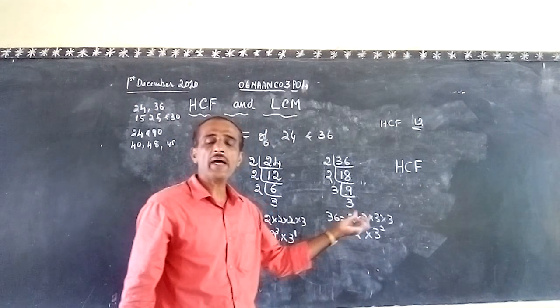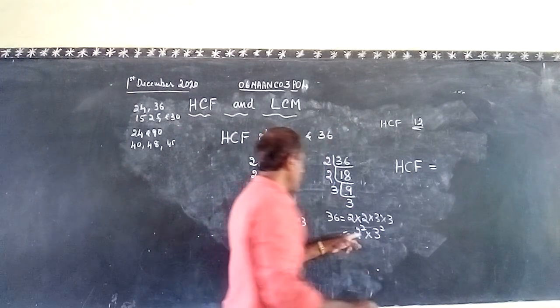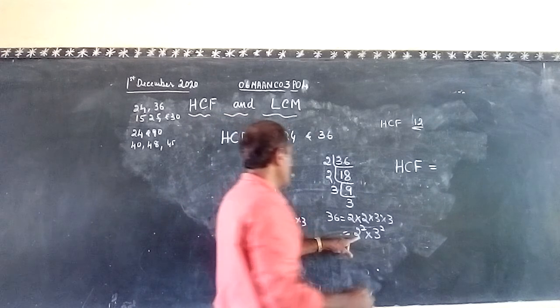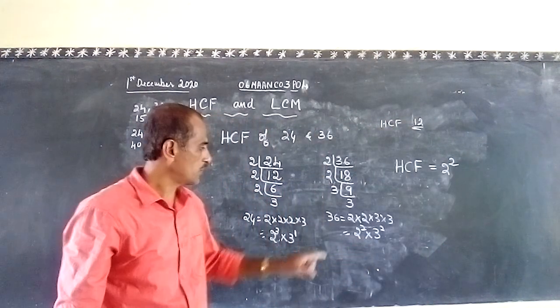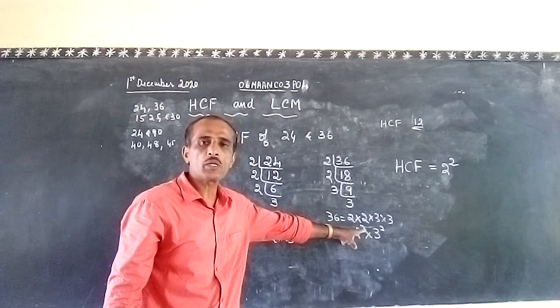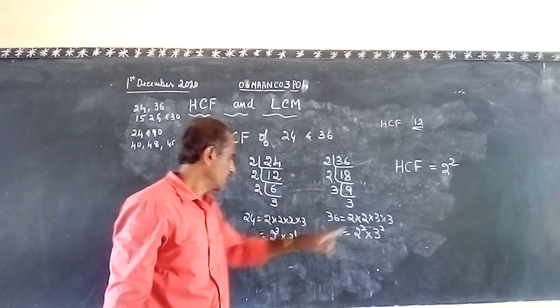So where the power is least, there you have to take. The least power is 2 to the power 2. You have to take the least power wherever it comes.